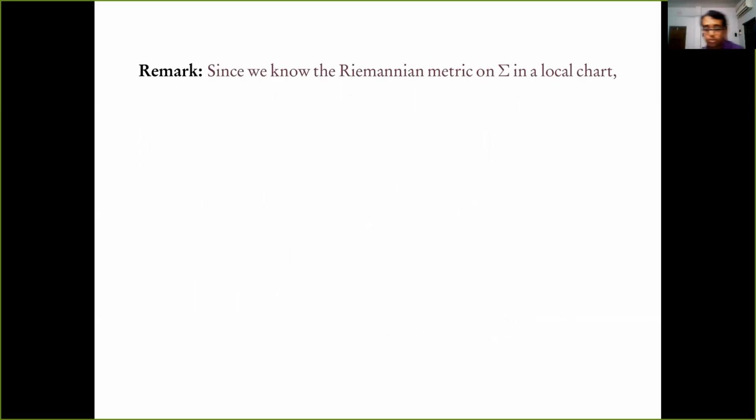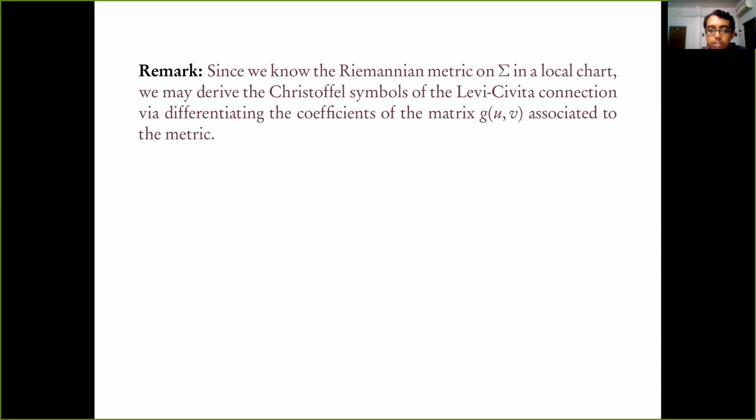I want to make a remark before I connect the connections to differential forms to curvature. We know the Riemannian metric sigma in a local chart. So instead of calculating the Levi-Civita connection by this process, you could also calculate the Christoffel symbols, which simply involve derivatives of the matrix that we just saw.